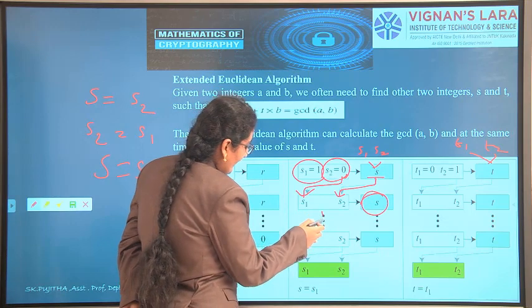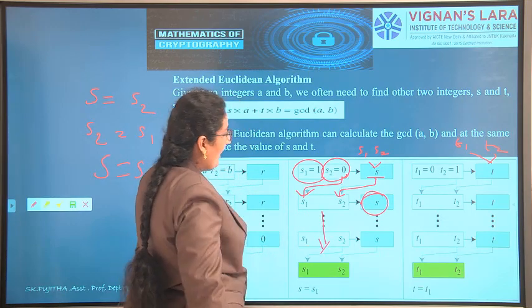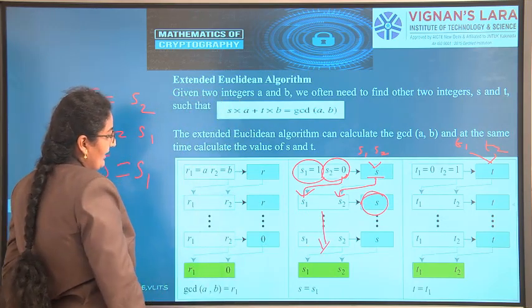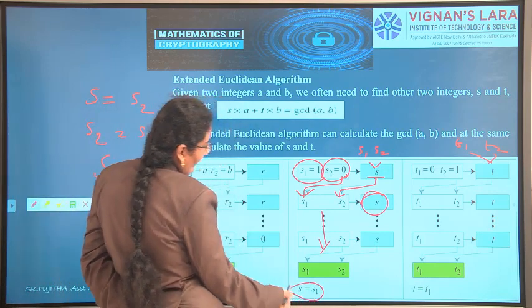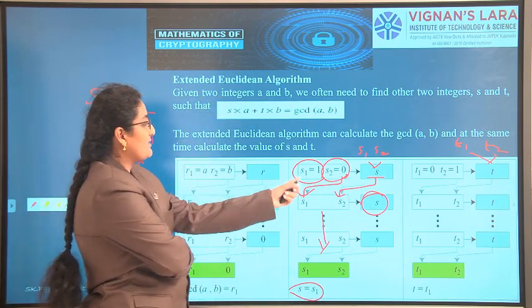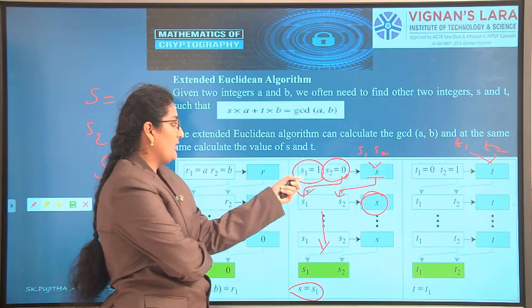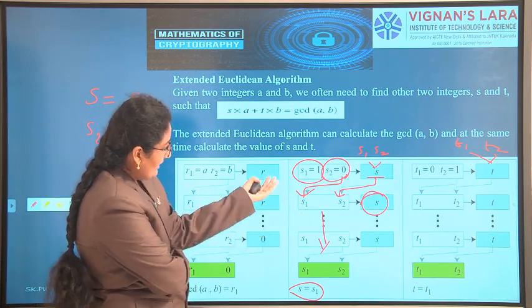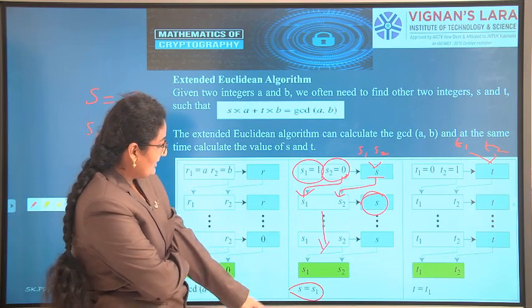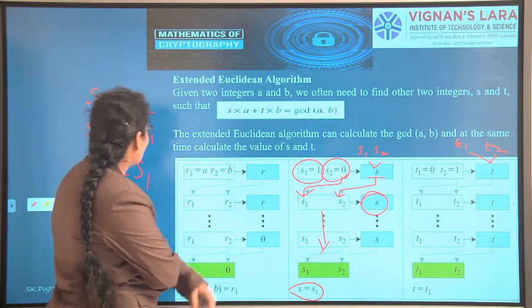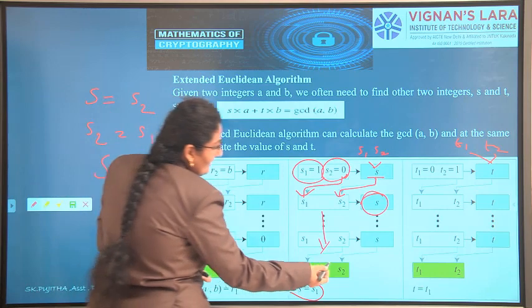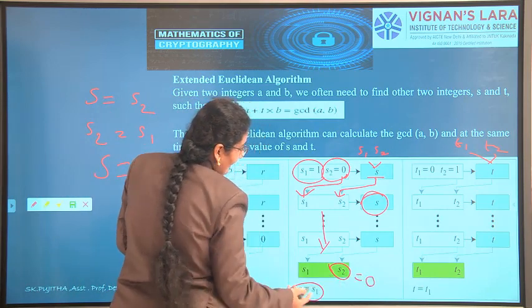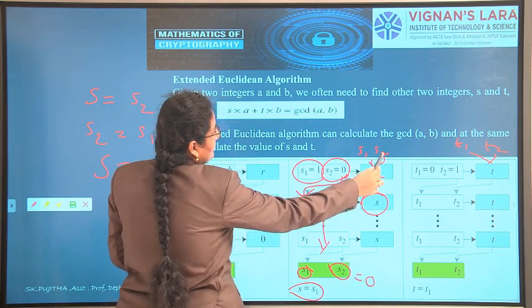This process will be continuously done and finally we will stop it. s1 is 1, s2 is 0, divided 1 and 0 we got s, passed those values and so on, continuing like that. So this s2 will be 0 finally and this s1 value will be the result s.